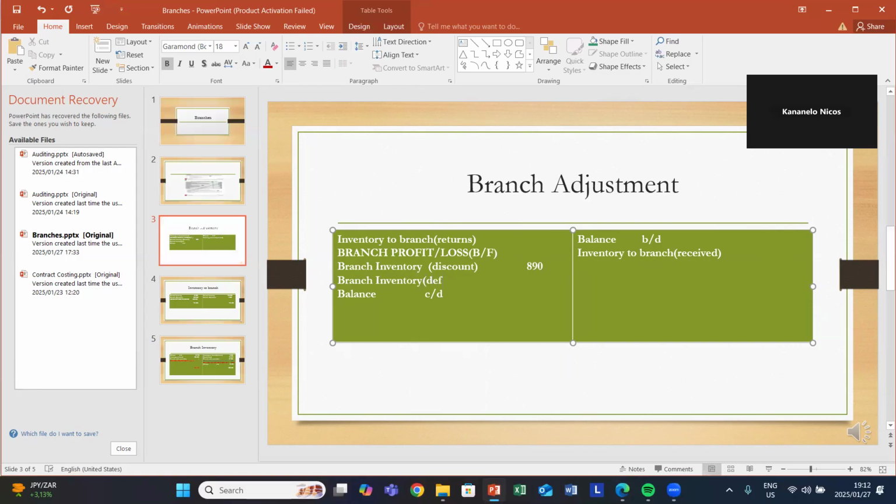We did a deficit, which is 52,860. And then we'll debit them there. Record them there. Branch. This one, let's highlight it with blue there so that it doesn't confuse us.